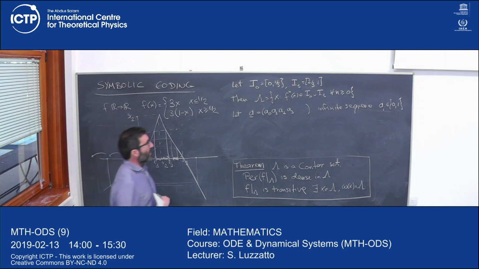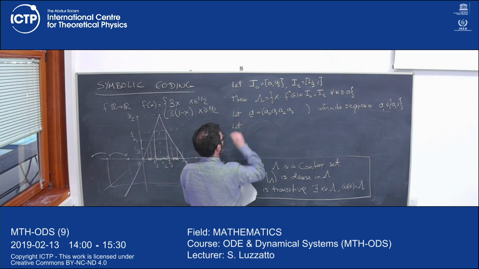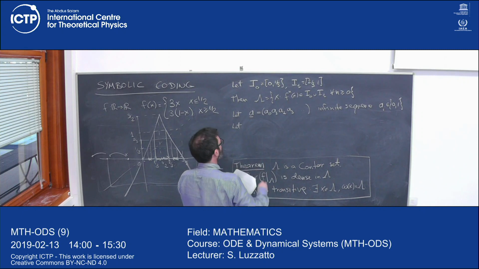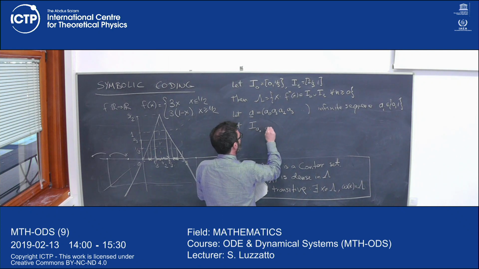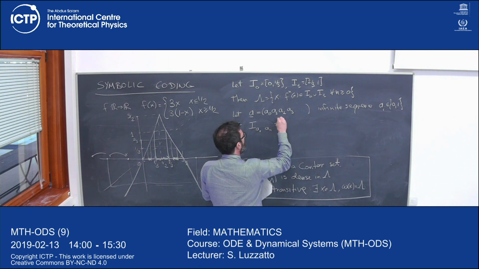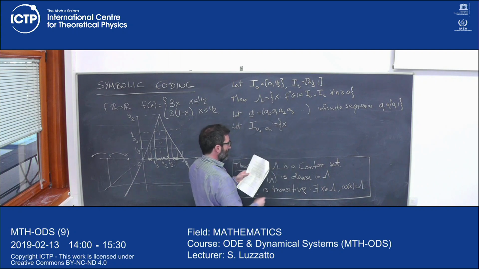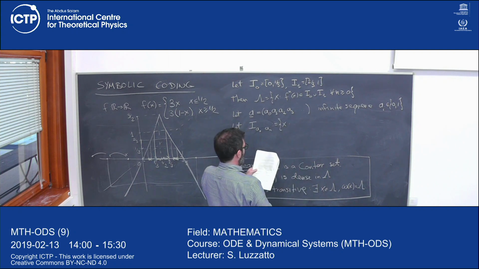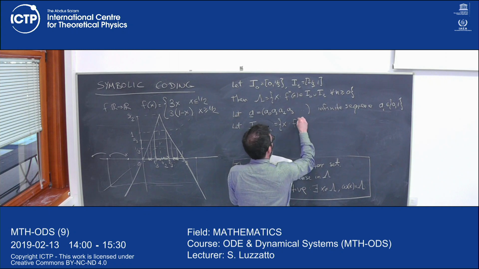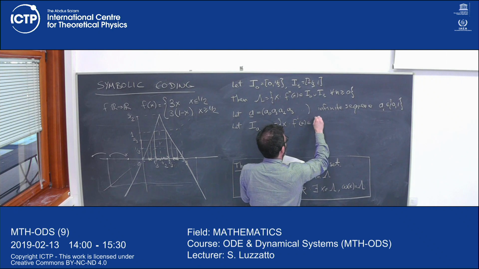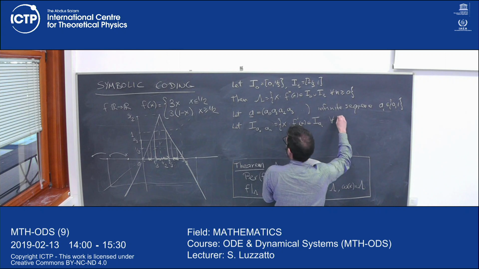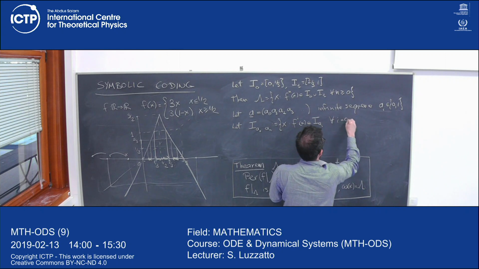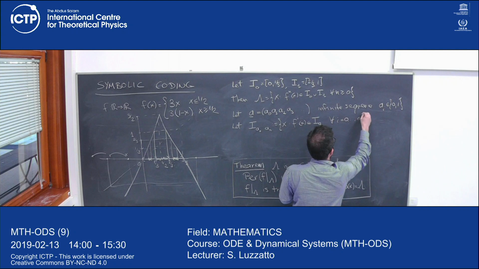And then let I of a0 to an be equal to the set of x such that f^i of x belongs to I_ai for all i from 0 to n.